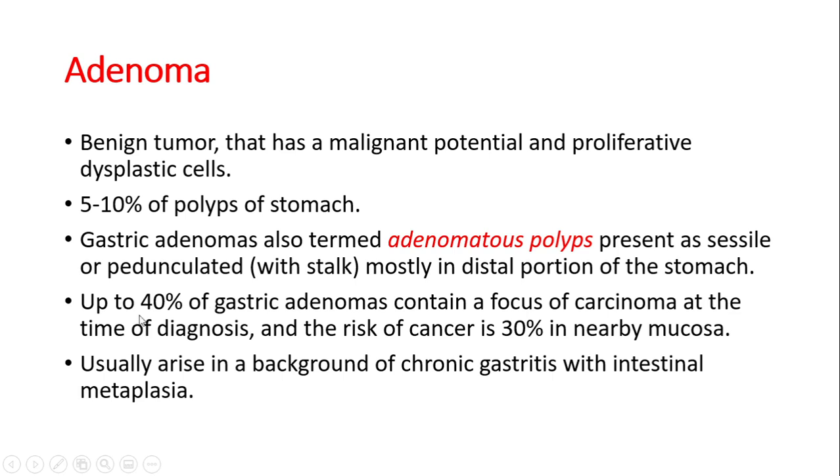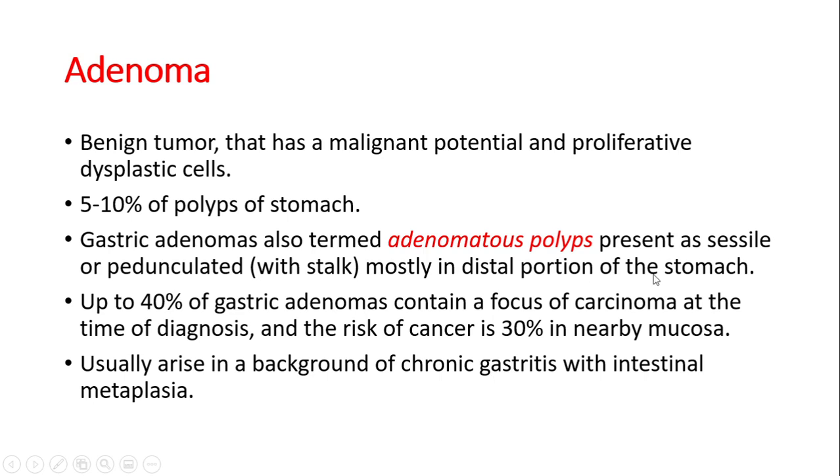In up to 40%, gastric adenoma contains a focus of carcinoma at the time of diagnosis, and the risk of cancer is 3% in the nearby mucosa. It usually arises on a background of chronic gastritis with intestinal metaplasia.